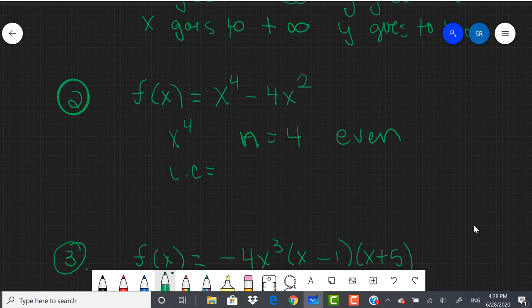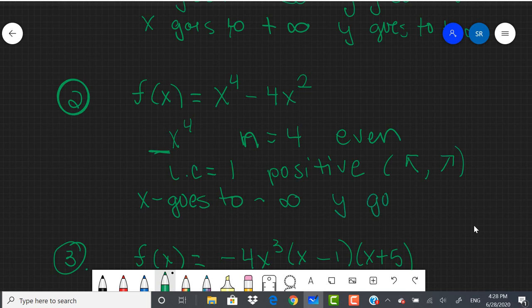Again, my leading coefficient is just 1, which is positive. So this means my end behavior are both up. So in other words, as x goes to negative infinity, my y goes to positive infinity.